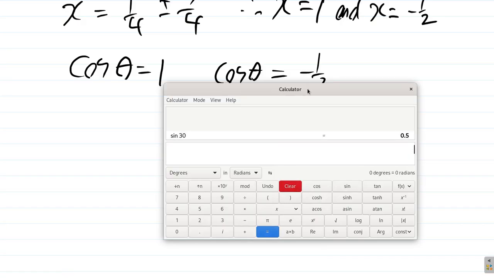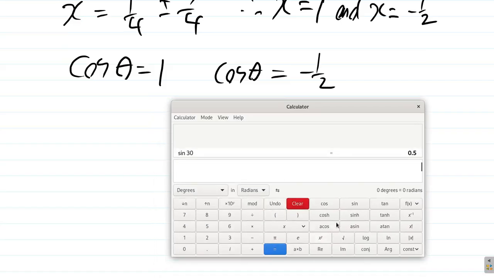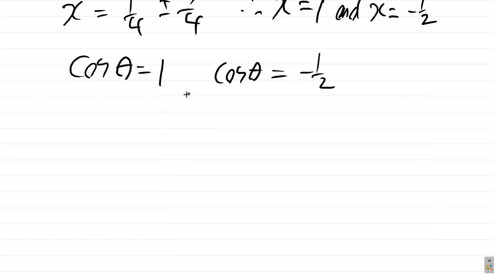Just for reassurance. So cos inverse of 1 equals, so theta is 0. You get one of the angles, 0.